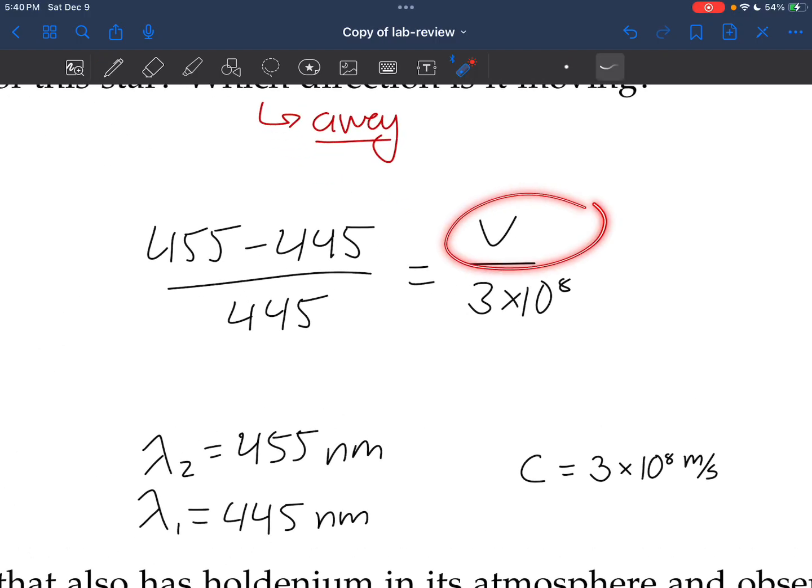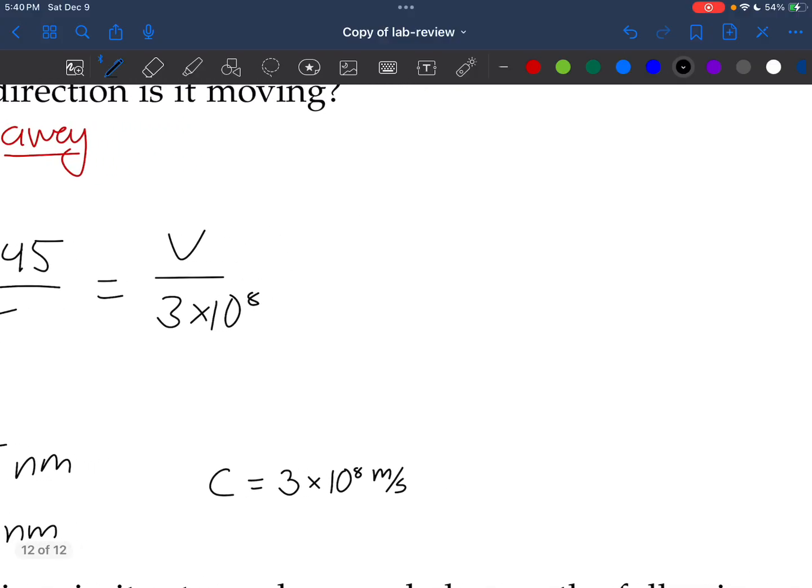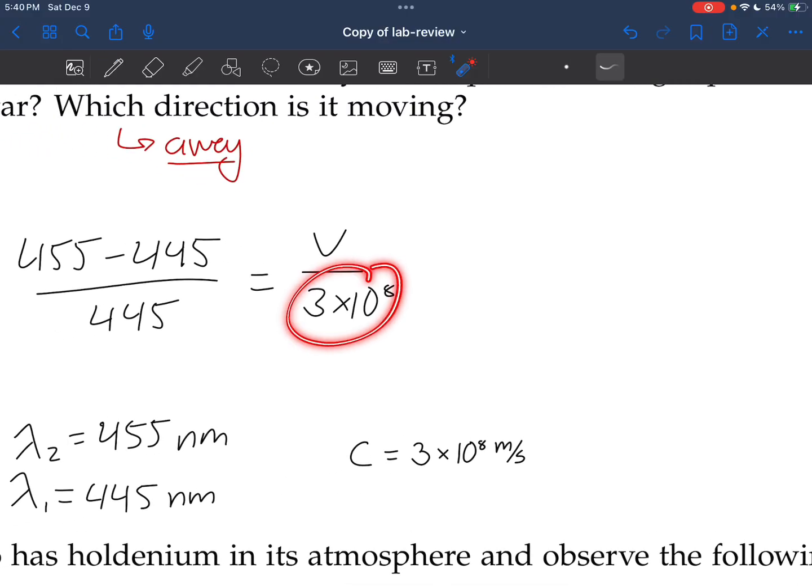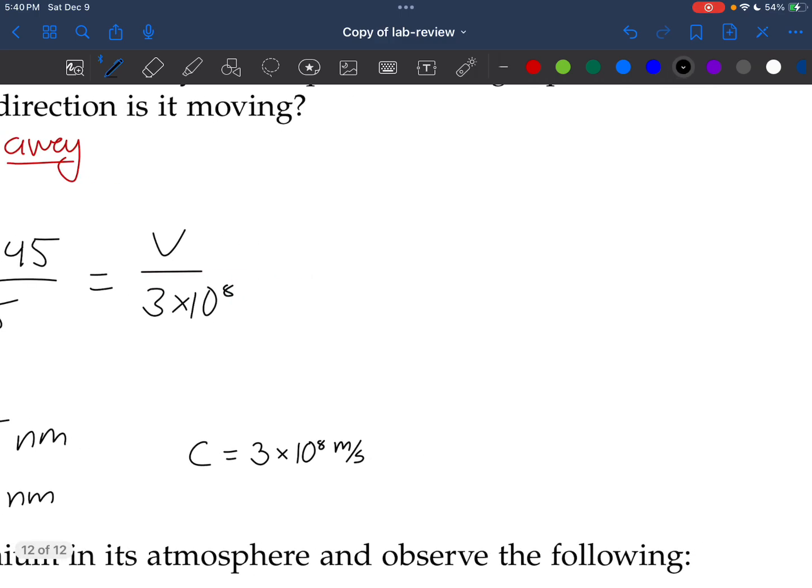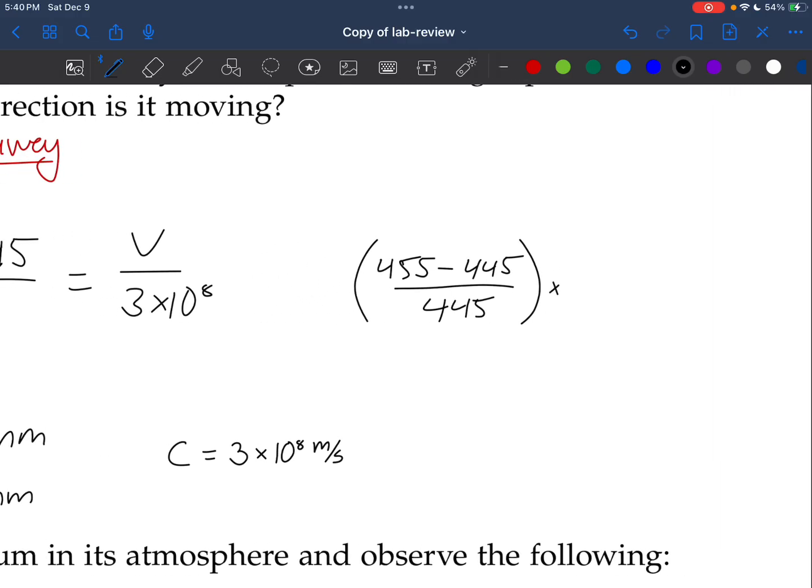And I solve for this velocity. I'm going to multiply the 3 times 10 to the 8 to the other side, and I end up with 455 minus 445 over 445 times 3 times 10 to the 8.